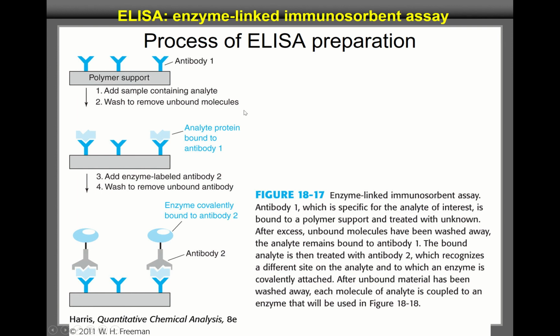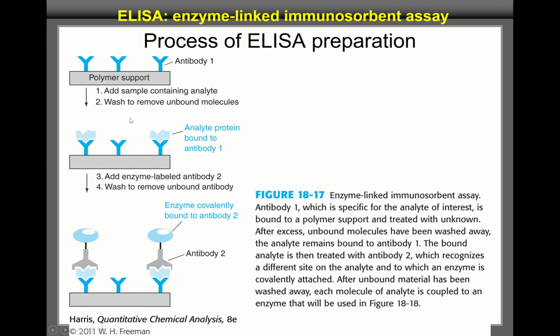Then after preparing this antibody 1 surface, you add the solution and you carefully wash to remove unbound molecules. So this analyte is now antigen, since it has a specific interaction with this antibody 1.